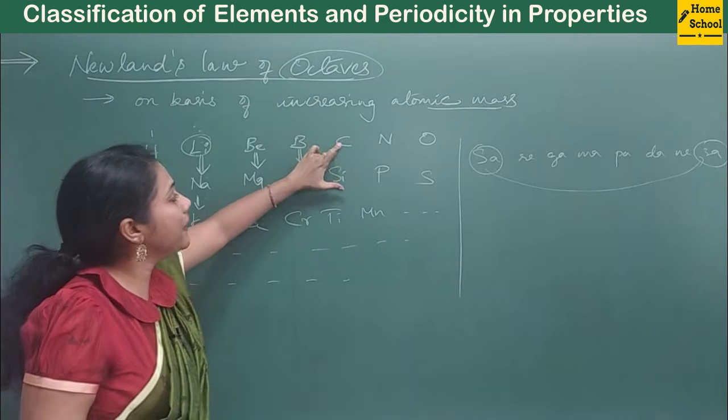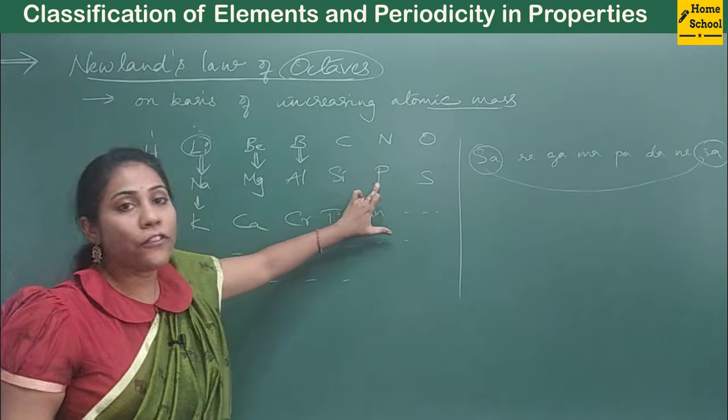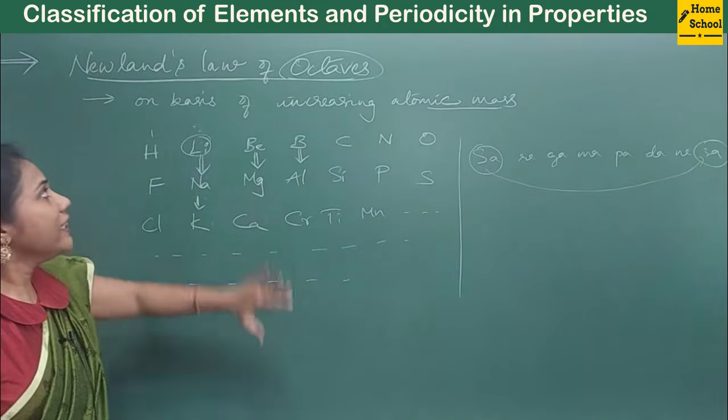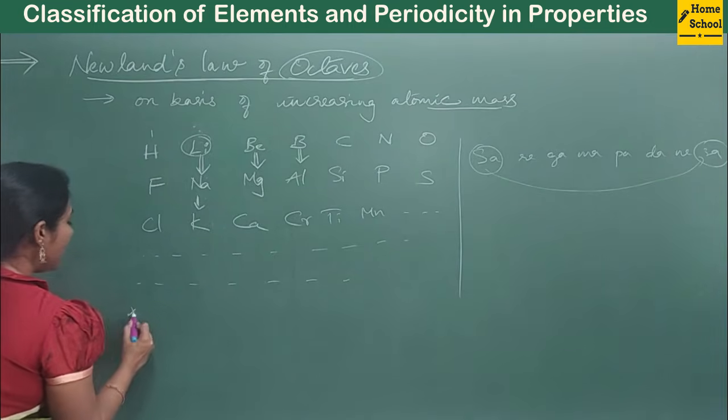Okay, so for carbon, the eighth element is silicon. With respect to nitrogen, the eighth element is phosphorus. So that is why this was called the law of octaves. Okay, so that is an important point, guys.